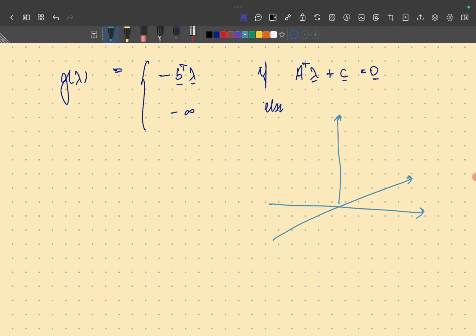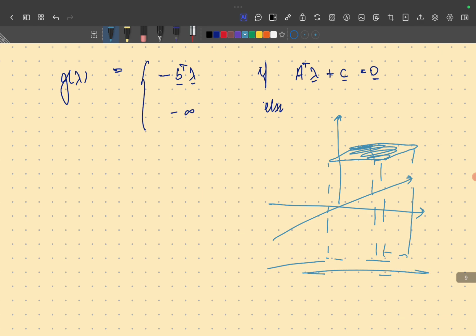Then in some region, it's going to take some finite value, and everywhere outside this region, it's all minus infinity.